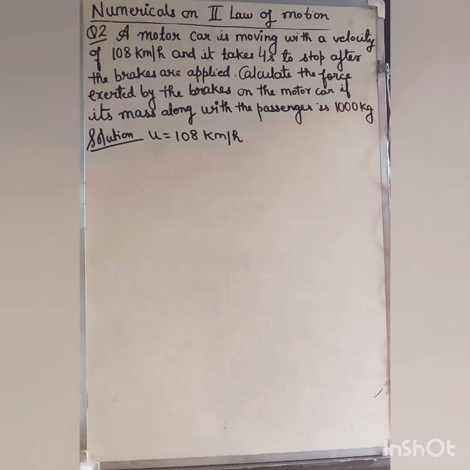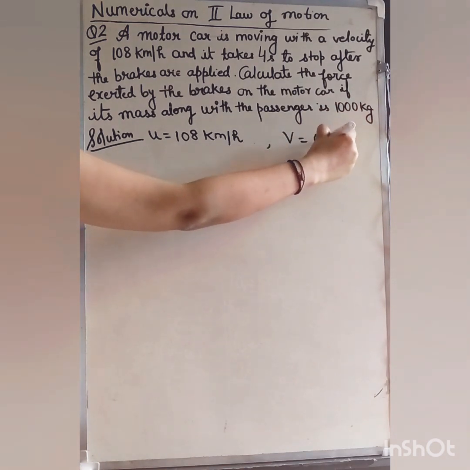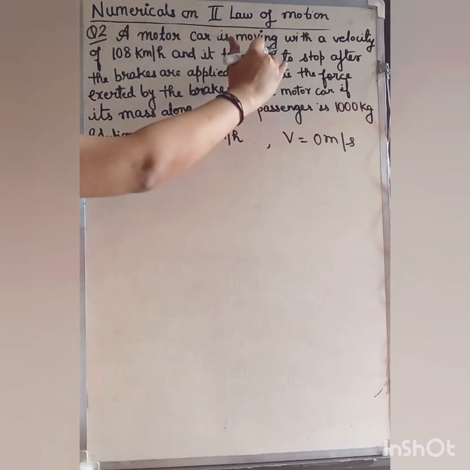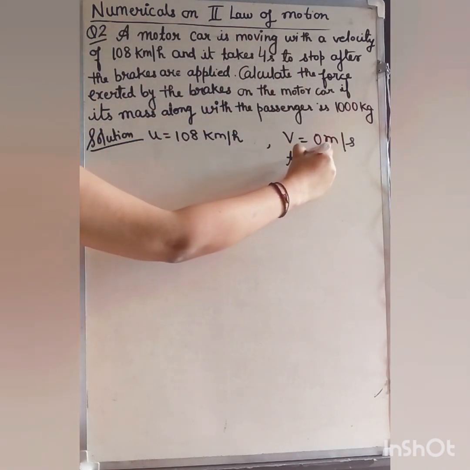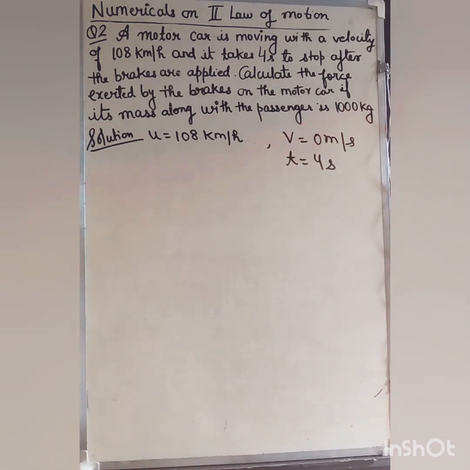Once the brakes are applied, the motor car has stopped, therefore its final velocity is 0 meter per second, and the time taken is 4 seconds. You have to calculate the force exerted by the brakes on the motor car.